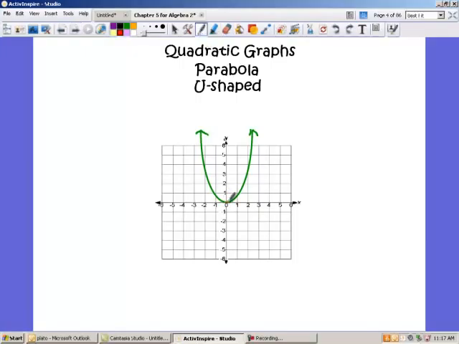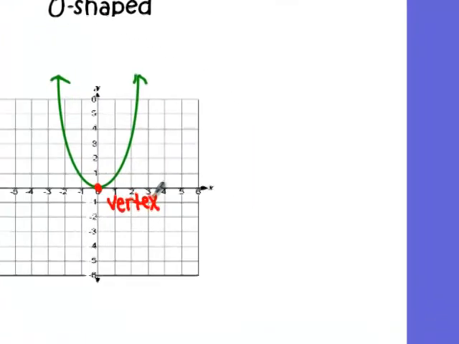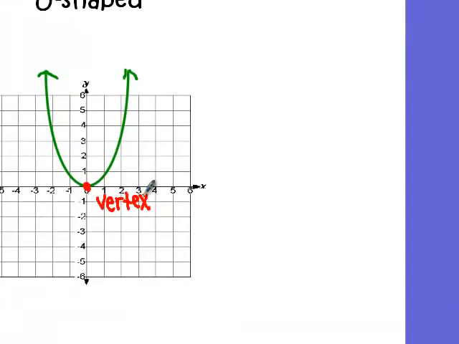If the graph is U-shaped and has a very low point, which is called the min, this is the vertex. So that vertex is the very lowest point of the graph. Now if you had a graph that goes down, then your vertex would be up here, so it'd be the highest point.